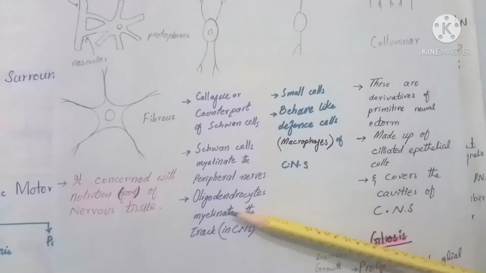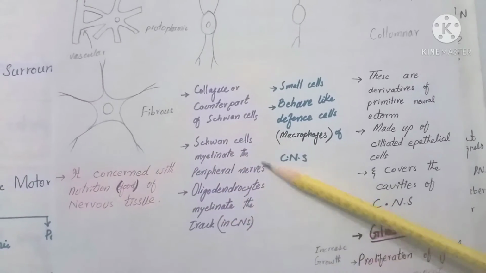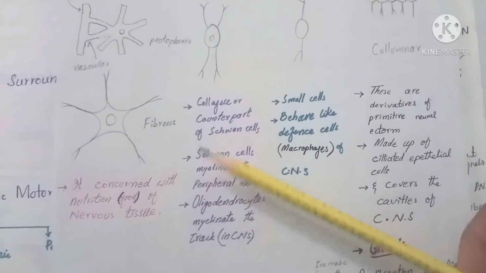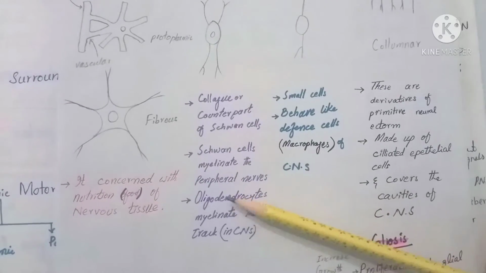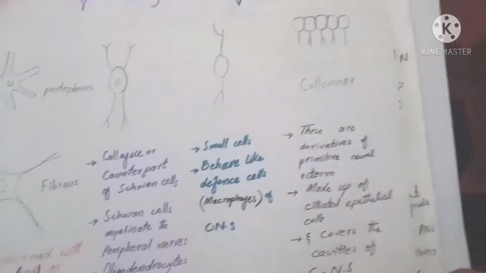And oligodendrocytes also make a wrapping of fat around axons in the CNS. So Schwann cells are in the periphery, and oligodendrocytes are in the central nervous system.